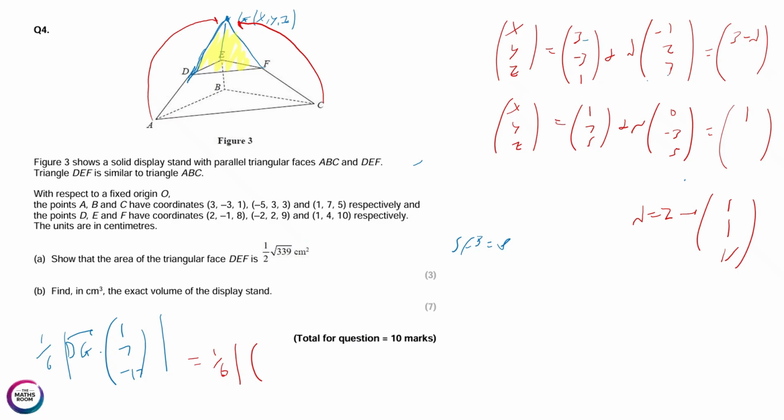That's going to be my 1, 1, 15 minus my D. So 1 minus 1, 2, and 7 is the result. If I just dot that with the vector I already had, 1, 7, -17, I should get my volume. So what do I get if I do this? There's a sixth.